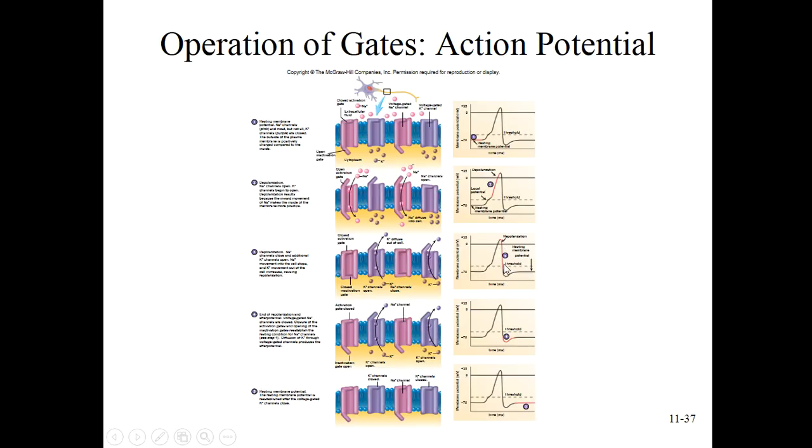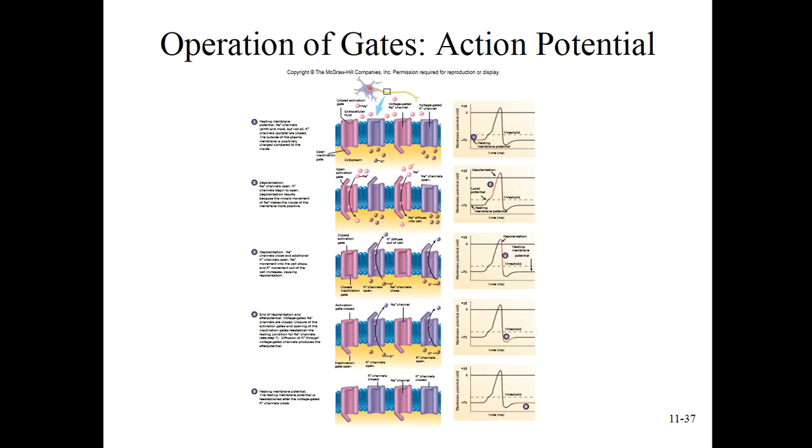Because we're becoming more negative during that outflow of potassium, we call this repolarization. Because we've gone back into negative territory, we are once again polarized. As a matter of fact, we go beyond negative 70. And so this phase here is called hyperpolarization.